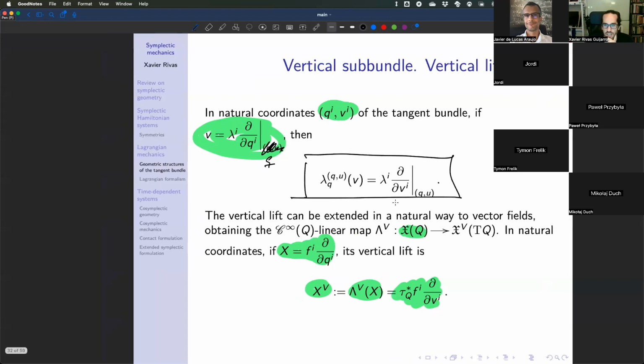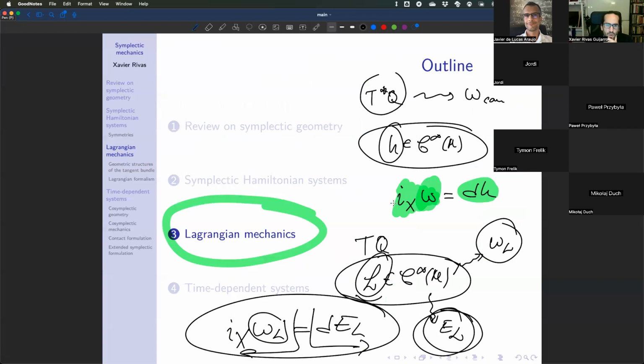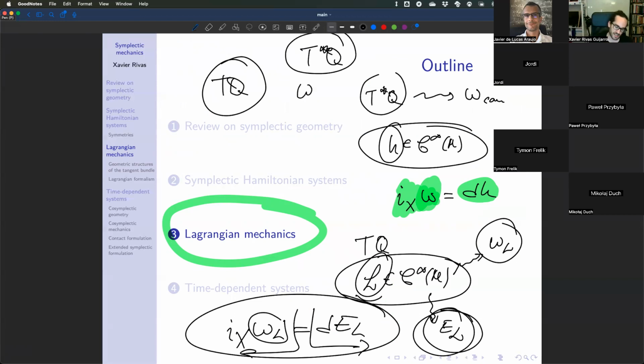So let's continue, but to summarize what we were doing, we were focusing on the tangent bundle of a configuration manifold Q. And we were saying that we had some problems because when dealing with the Hamiltonian formalism, we worked in the cotangent bundle, and here we have some canonical structures, such as, for instance, a symplectic structure.